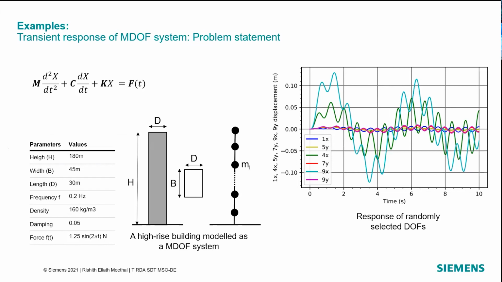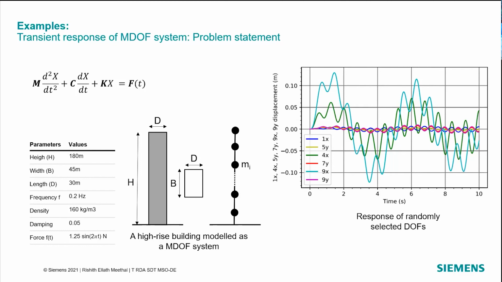That means we use a lumped mass approximation of the high-rise building, where each mass has 2 degrees of freedom, like x direction and y direction displacement. So compared to a single degree of freedom system, the difference is that here M, C, K, F are matrices and vectors: the mass, stiffness and damping matrices and the force vector.